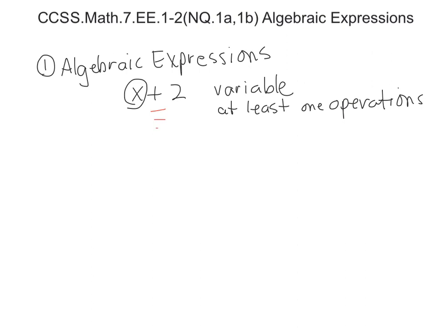So we also need to know that in algebra, sometimes being multiplied is kind of implied. So like if we have something like 6x, that means 6 times x. If we have something like 9st, that means 9 times s times t.